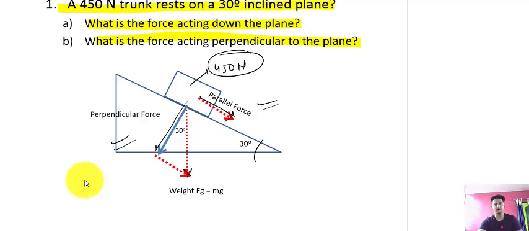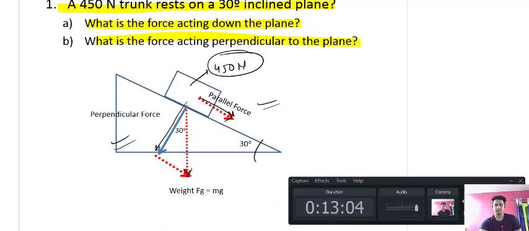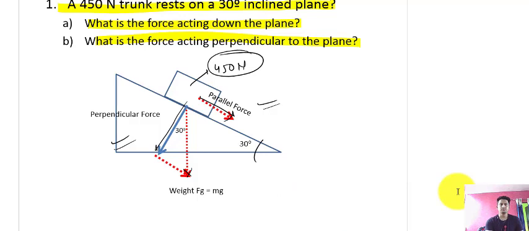So how will you move further in this numerical? As it is a 450 Newton trunk, its weight has been given directly. Weight is equal to mass into gravity, and the weight is given as 450 Newton. So you need to find the angle, then resolve this component.